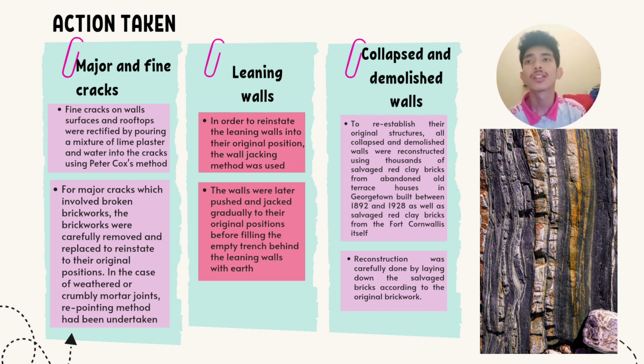Number 3, collapsed and demolished walls. To re-establish their original structure, all collapsed and demolished walls were reconstructed using thousands of salvaged red clay bricks from abandoned old shophouses in Georgetown, built between 1926 and 1928, as well as salvaged red clay bricks from Fort Cornwallis itself.